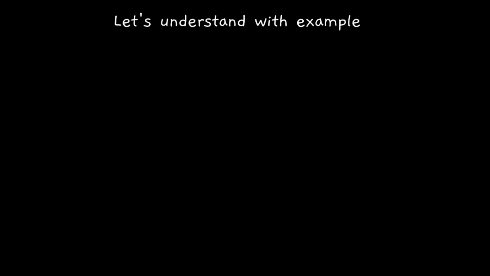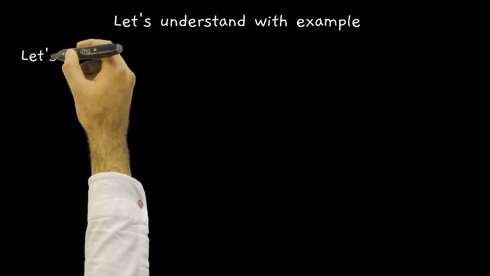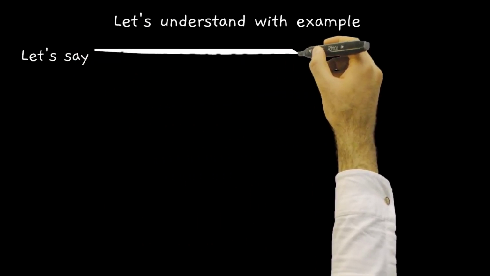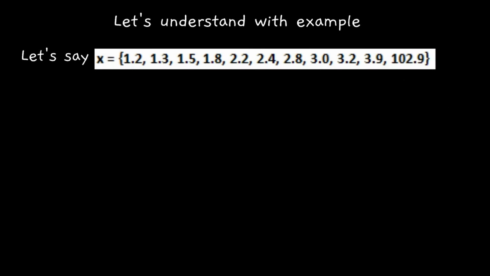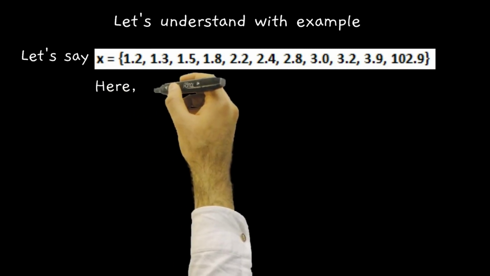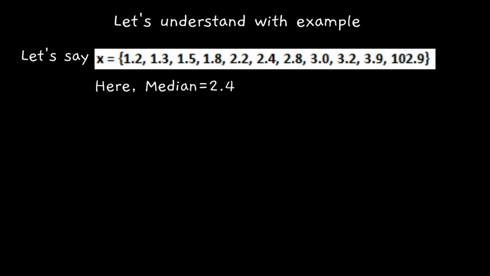Let's understand why the median is not going to change due to outliers. Let's say x is equal to 1.2, 1.3, 1.5, 1.8, 2.2, 2.4, 2.8, 3.0, 3.2, 3.9 and 102.9 is the data set and its median is 2.4.